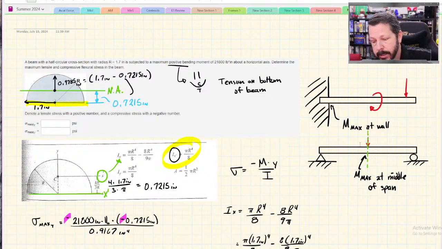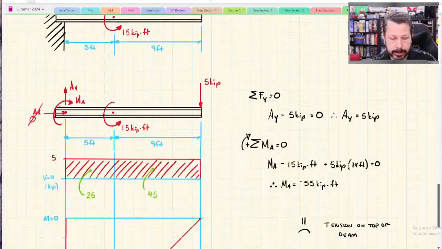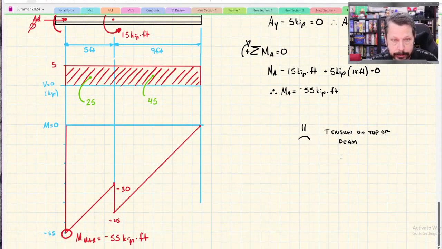Or if it's a simply supported beam and it's symmetric about the center, then you don't need to draw the shear and bending diagram, maximum moment is at the middle of the span. So I'm pretty sure, 80% chance that one of those will show up. You can solve it without knowing the little shortcut. It just takes longer because you have to do all of this stuff that we didn't actually need to do.